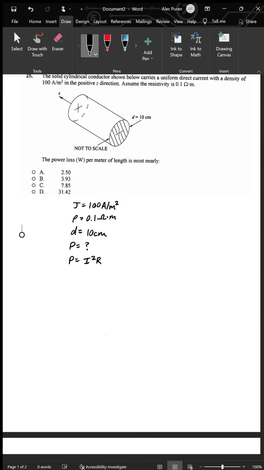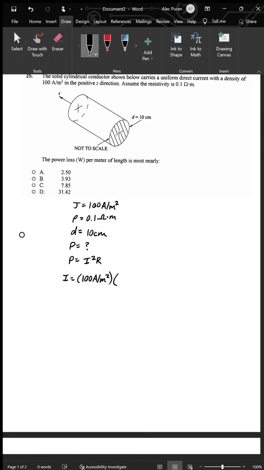So I equals current density times area, because amps per meter squared times meter squared gives you amps. So simply to do that, you have 100 amps per meter squared, and the area of a circle is just pi r squared, right?